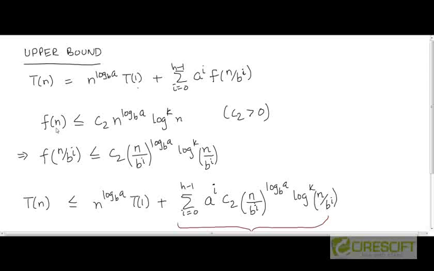So if we substitute n divided by b to the power i in place of n everywhere in this inequality, this is what we'll get. f of n divided by b to the power i is less than or equal to C2 times n divided by b to the power i, the whole thing raised to the power log base b of a, multiplied by log to the power k of n divided by b to the power i.